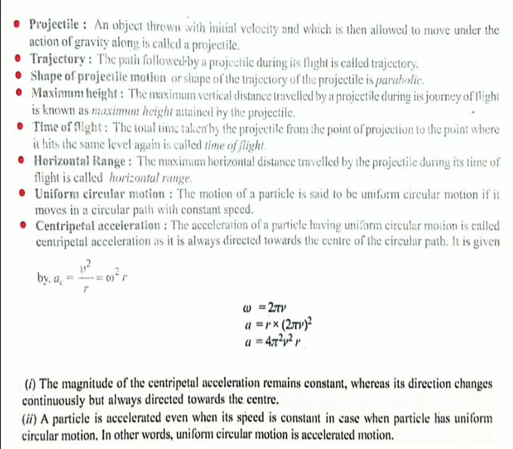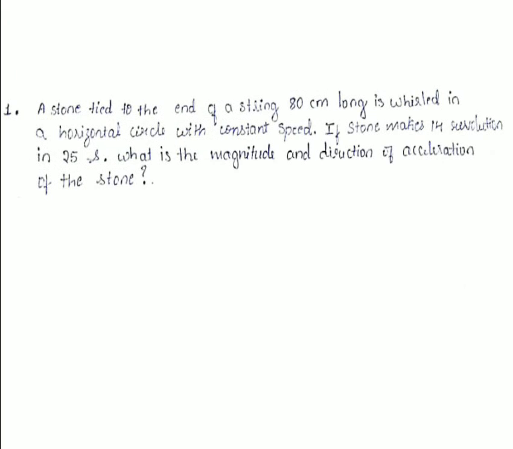Let's solve some problems on the centripetal acceleration concept and also on the motion in a plane topic. The problem is like this: a stone tied to an end of a string 80 centimeter long is whirled in a horizontal circle with a constant speed. If the stone makes 14 revolutions in 25 seconds, what is the magnitude and direction of acceleration of the stone?